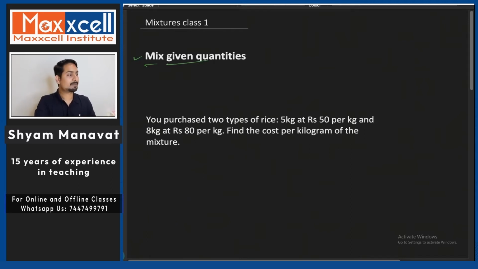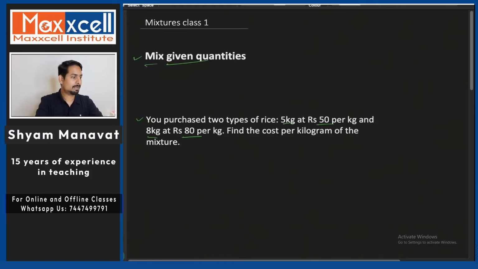For example, you purchase two types of rice, 5 kg at rupees 50 and 8 kg at rupees 80 per kg. So you are mixing two types of rice and the quantity of each is given.